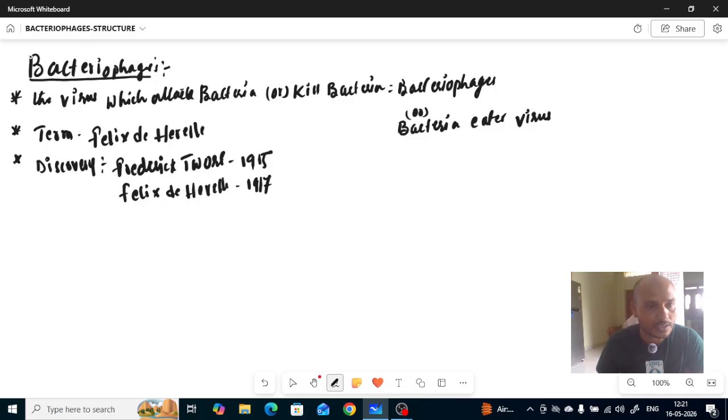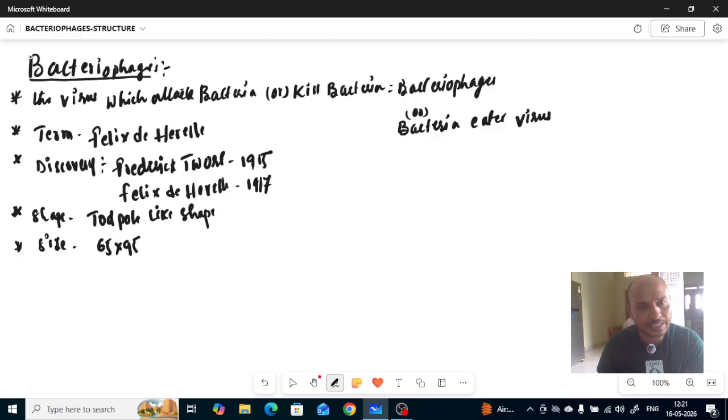Next, the shape of the bacteriophage. Generally, a bacteriophage has a tadpole-like shape. Coming to the size of the bacteriophage, it is 65 by 95 nanometers in diameter.